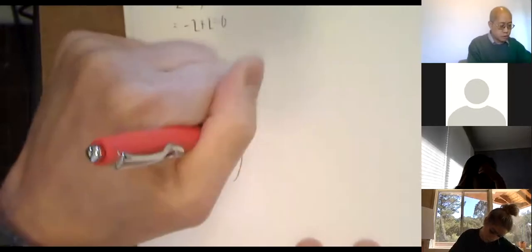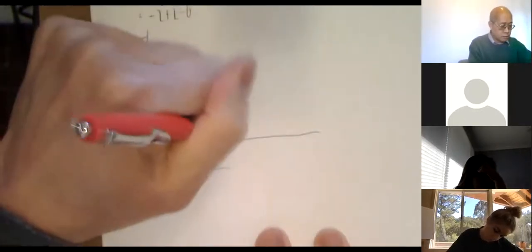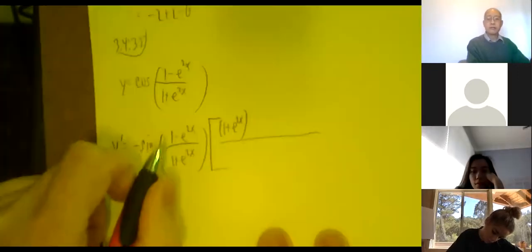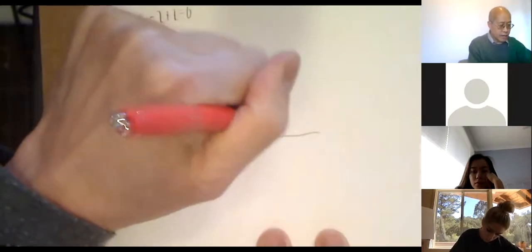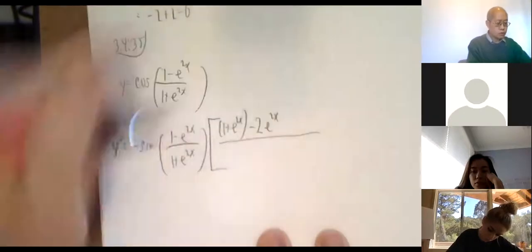So the derivative of cosine is negative sine. So negative sine, the whole thing. Okay, so that's done. And then by the chain rule, it's times the derivative of the inside function, which involves a quotient. So now it's a great big quotient rule. Okay, so bottom times the derivative of the top. Derivative of negative e to the 2x is negative e to the 2x times 2.